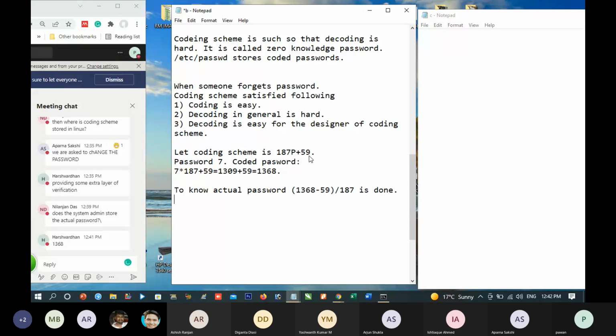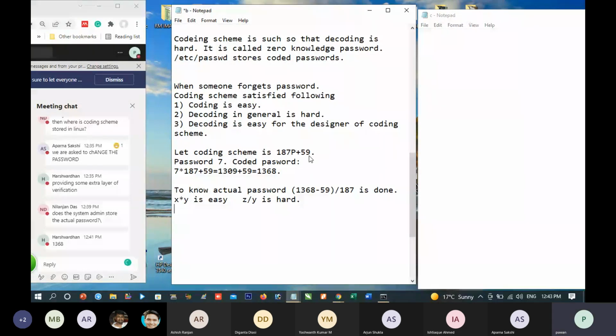Do you understand? Multiplication is easy. X into Y is easy. Z by Y is hard. Is it correct? So to get the actual password, division by 187 is involved, which is very hard.